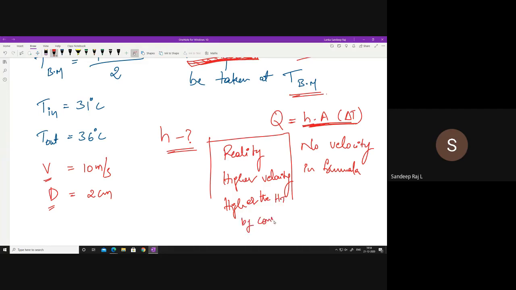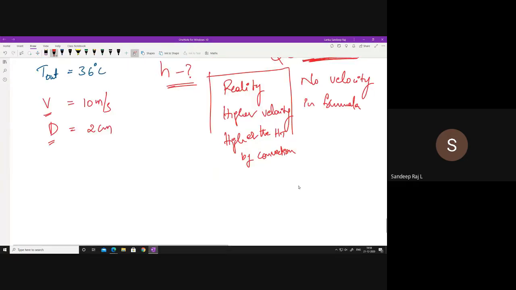How can I say it? A simple example is your cup of coffee. If you have a cup of coffee and put it on a table, what's happening to it? If you have a fan, it is going to cool very fast. If you don't have a fan, it will take a lot of time.